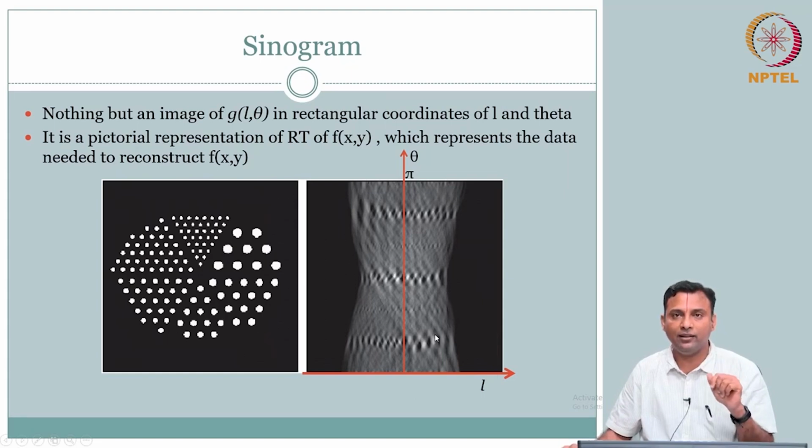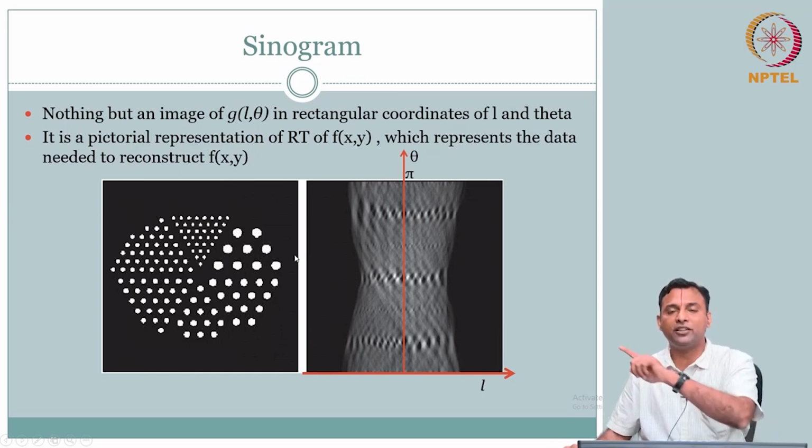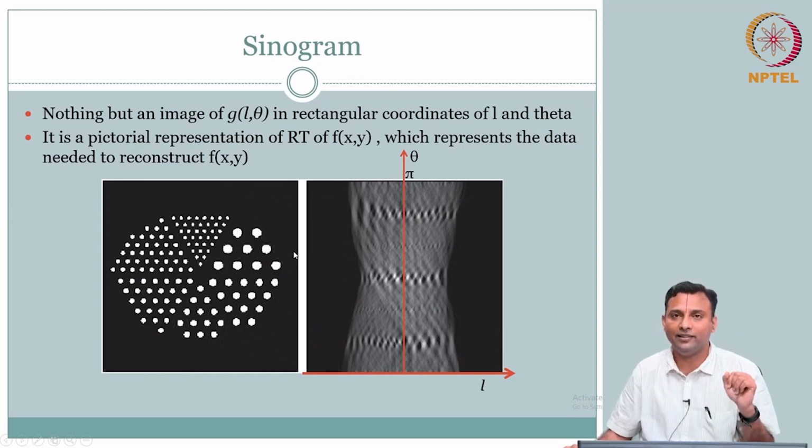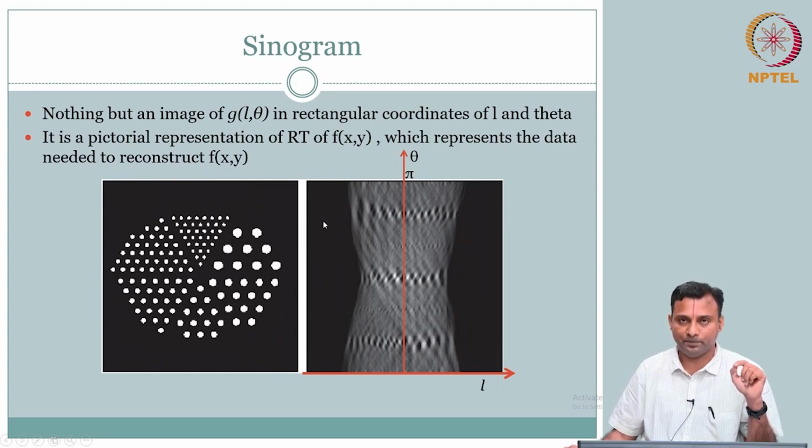Now it is vertical, but if you rotate it, you will see that it is the typical sinusoid that we are used to plotting. The name derives because you see these sinusoids. It is fundamental that if you have a point, it turns out to be a sinusoidal feature, and therefore this is called a sinogram. Okay. So, that is for the name.